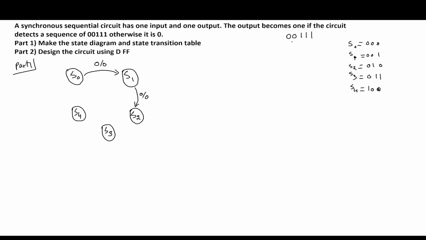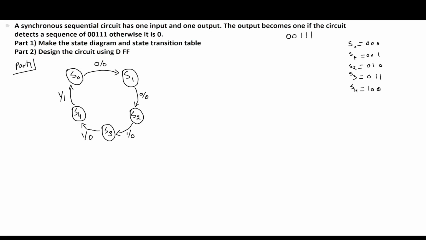At S2, if we enter 1, we go to S3, the input is 1, the output is 0. At S3, we have 0, 0, 1, and then we enter another 1, we go to S4, the input is 1, the output is 0. Now we have 0, 0, 1, 1, and if we enter another 1, we go back to S0. The input is 1, and the output is 1, because we completed the sequence.